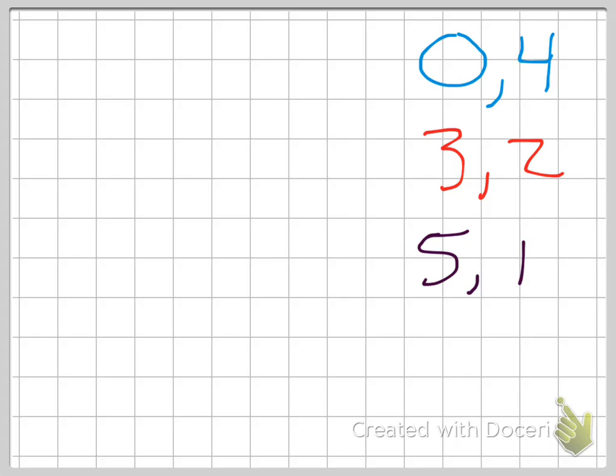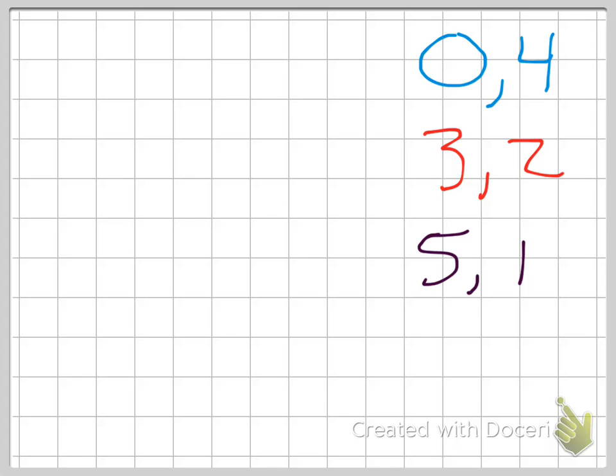So let's take a quick look at four different examples. Our first example is (0, 4). Our second example is (3, 2). Our third example is (5, 1).